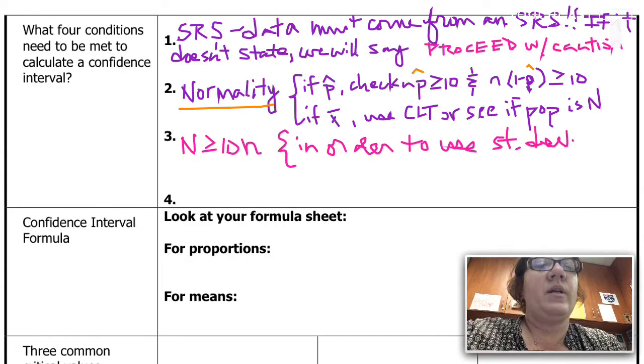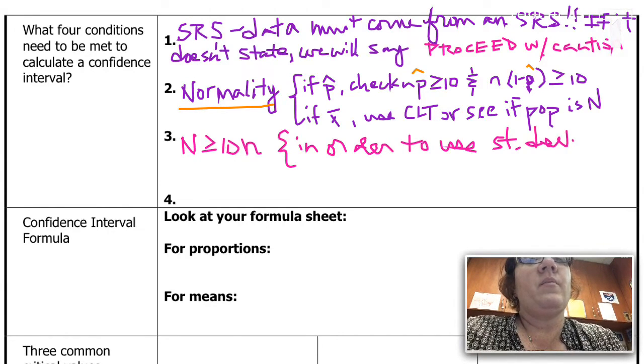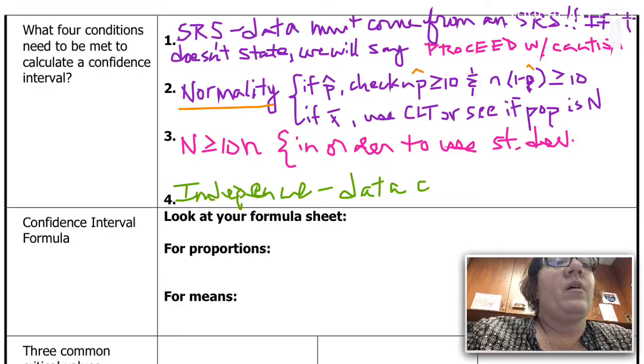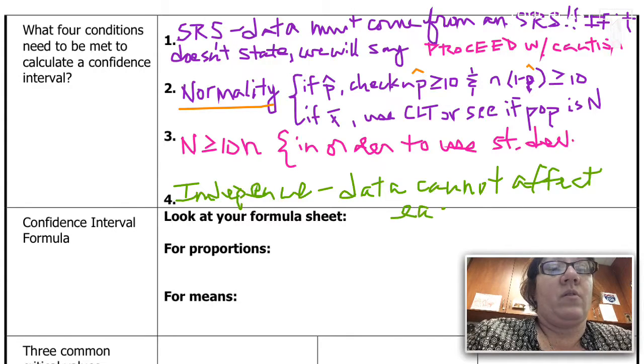And the last one is independence. This one you'll just sort of have to assume or see if it makes logical sense, but your data values can't affect each other. Otherwise, it messes with your probability. So independence is actually quite important.